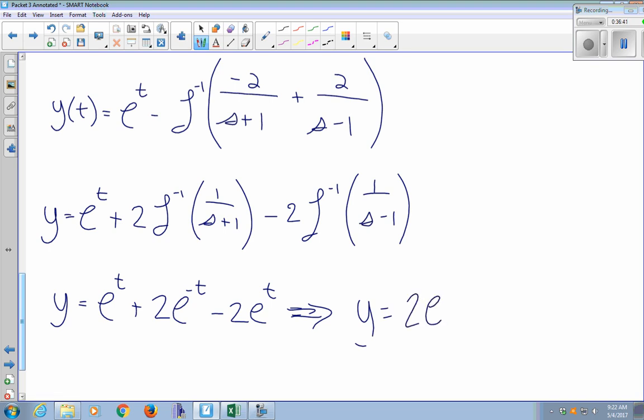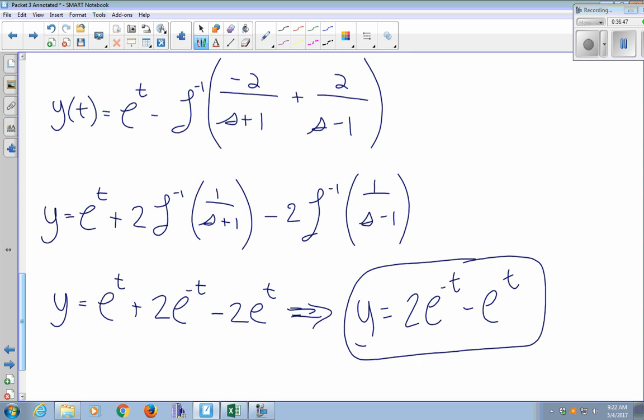So I have 2e to the negative t minus e to the t. So right now, are you essentially saying that we've got a k1 of 2? Yes.